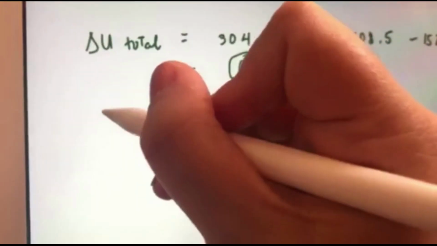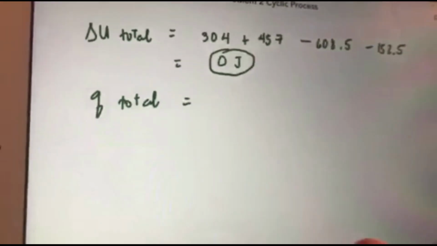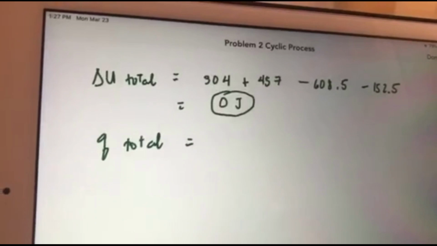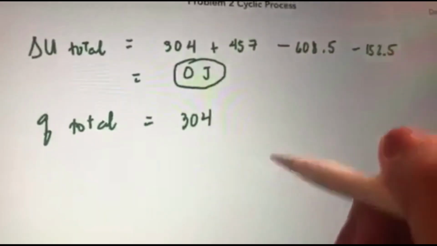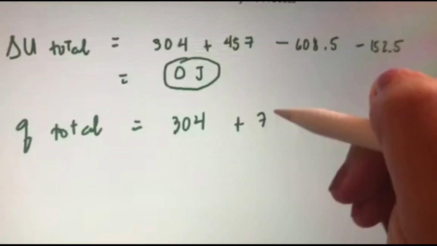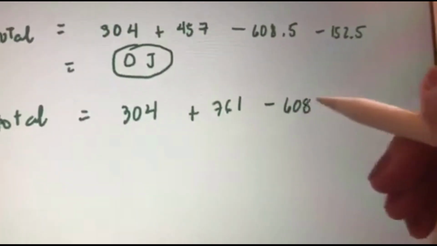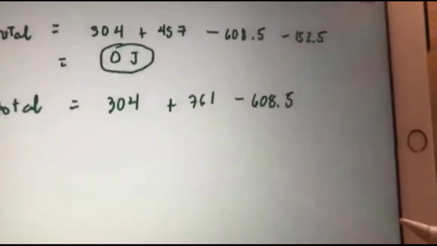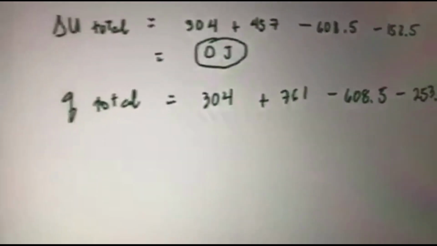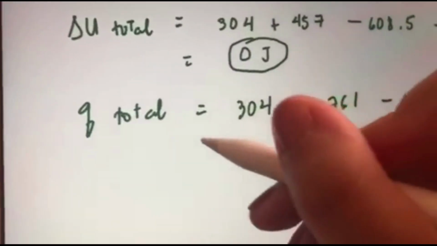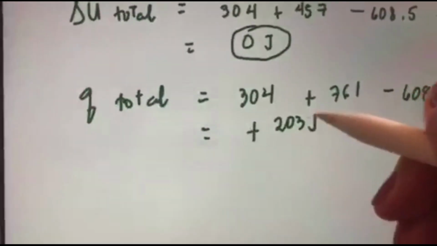For Q total, this is the sum of the amount of heat from each step. So this is equal to 304 plus 761 minus 608.5 minus 253.5. So Q total is equal to positive 203 joules.